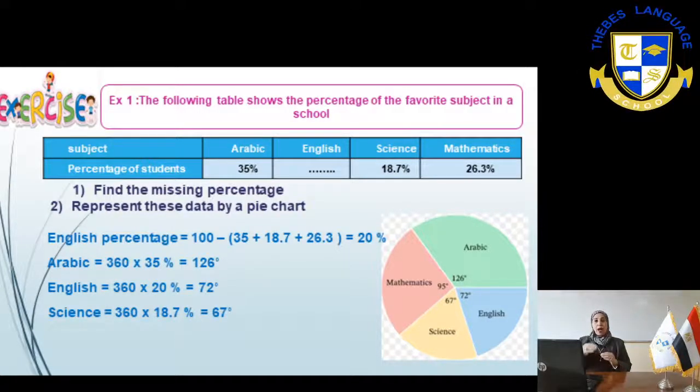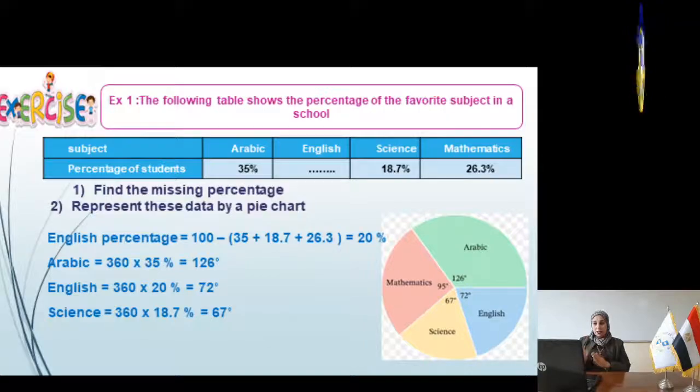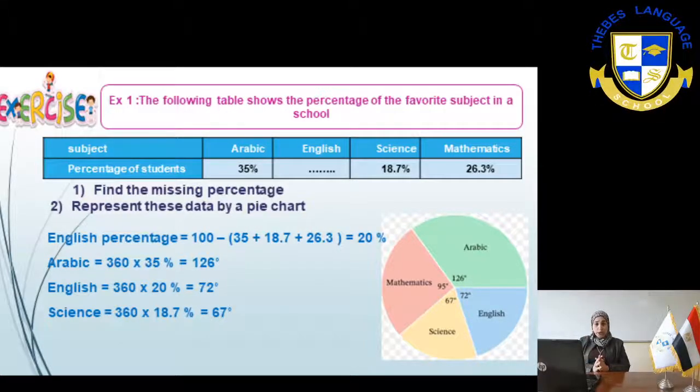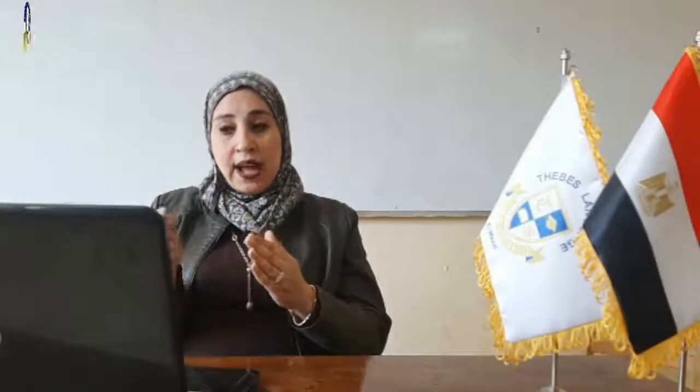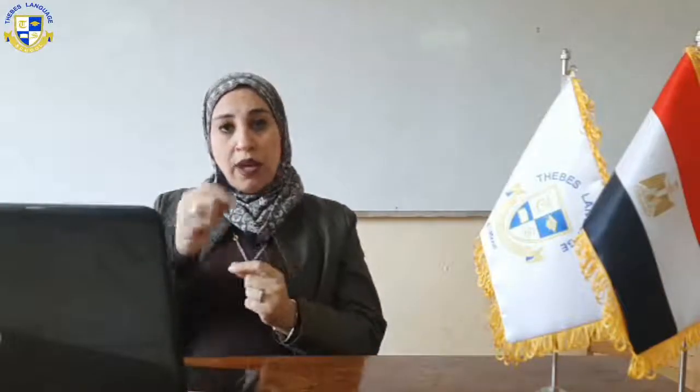Now, from our last radius, after drawing the Arabic subject, I'll put my protractor on it, and I'll take the measure of 72 degrees. And please, when you finish each part, write the name of the subject inside it, okay? To be sure that you will not use it again.